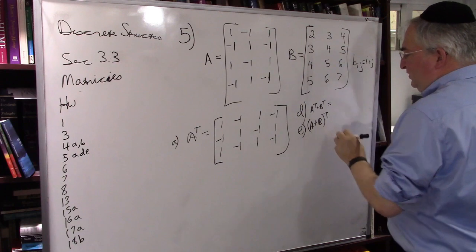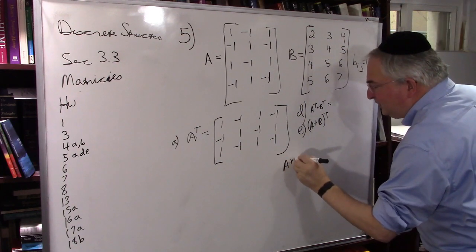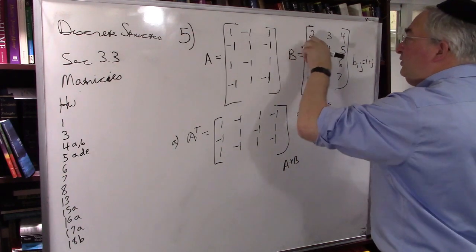A plus B is, so A plus B is 1 to the y's.